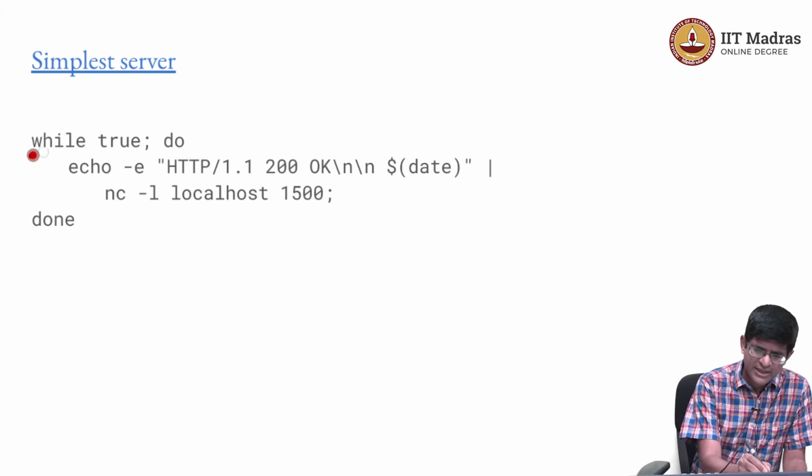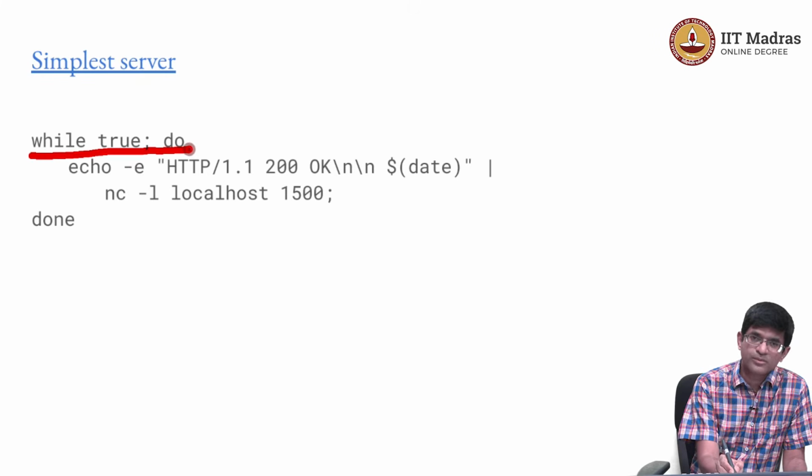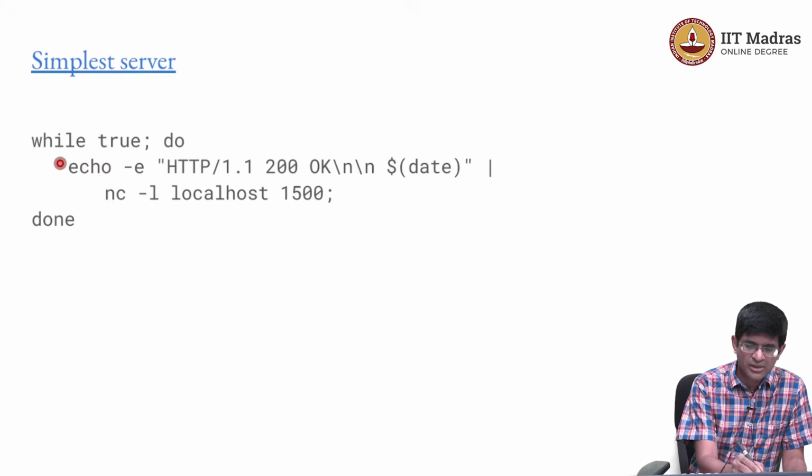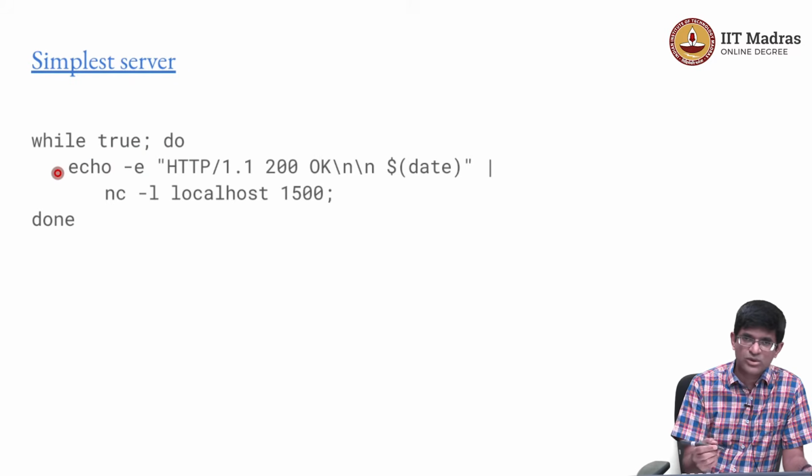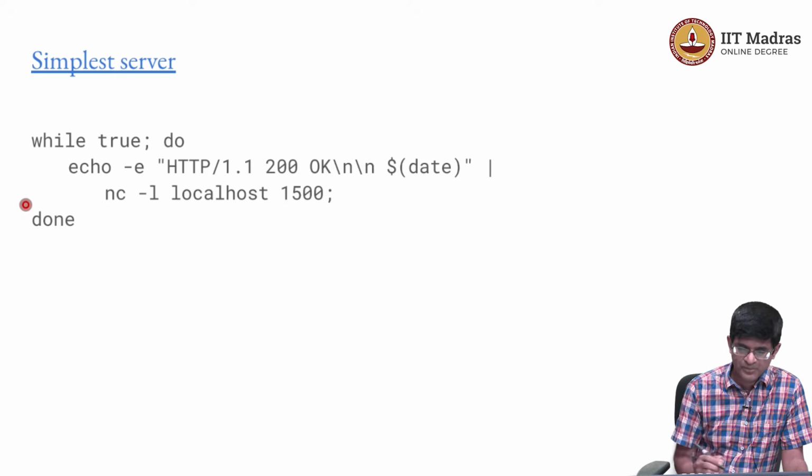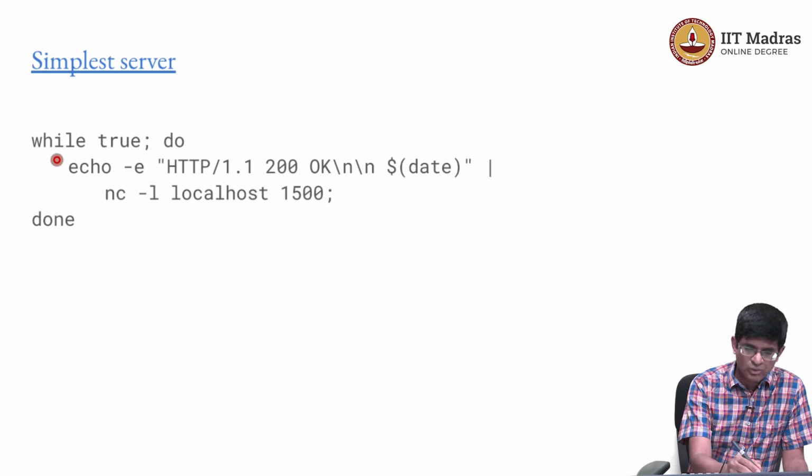The initial part, while true do, is something in shell script which says keep on repeating whatever is inside indefinitely until I use some other mechanism to kill this program. And the done is just closing out whatever corresponds to the while do. So what really matters is what is happening in these two lines internally.